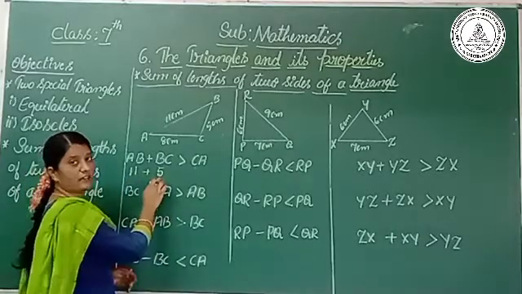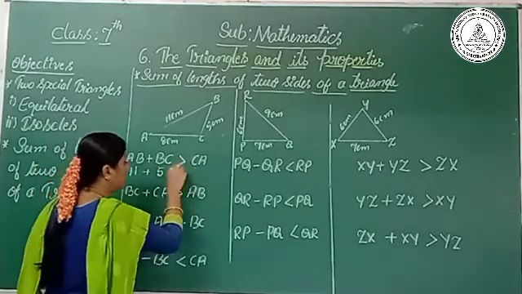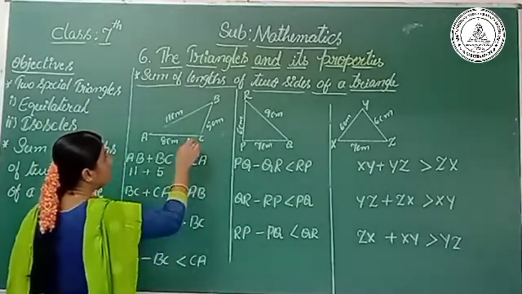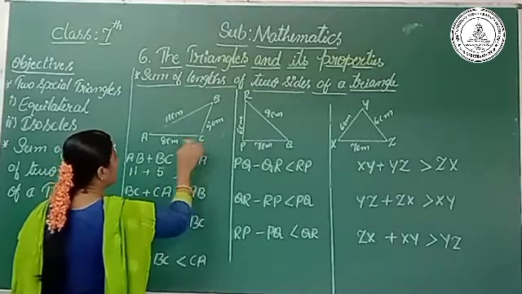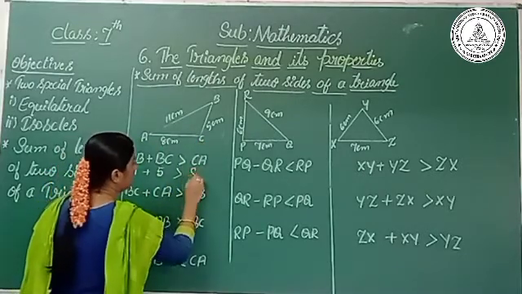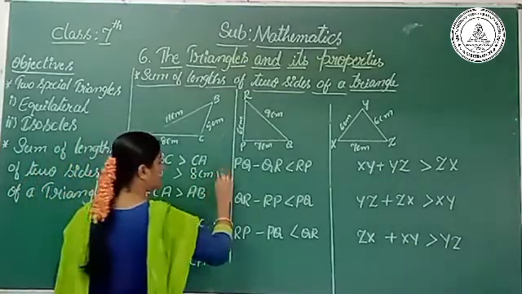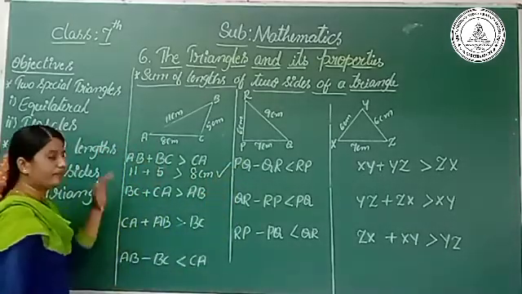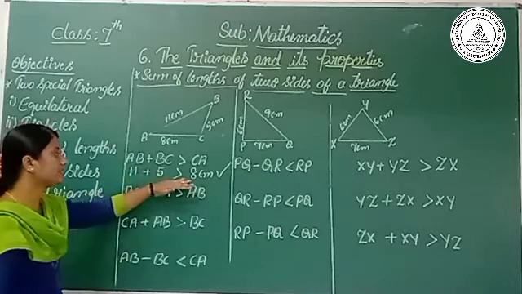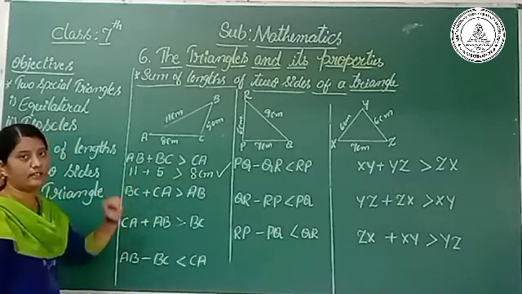So 11 plus 5 is 16. So it is greater than the third side. The third side is AC, that is 8 cm. So it is greater than the third side, the sum of two sides of a triangle.